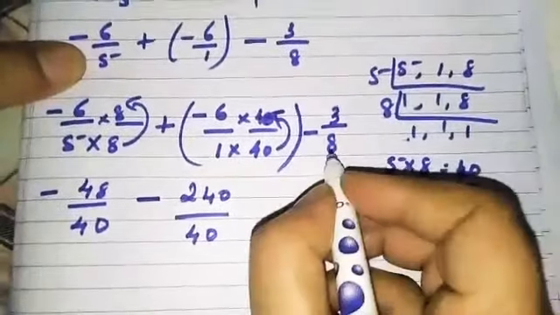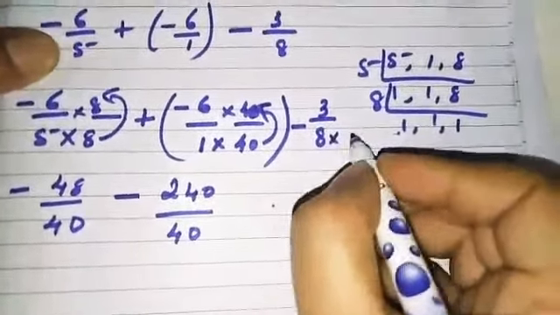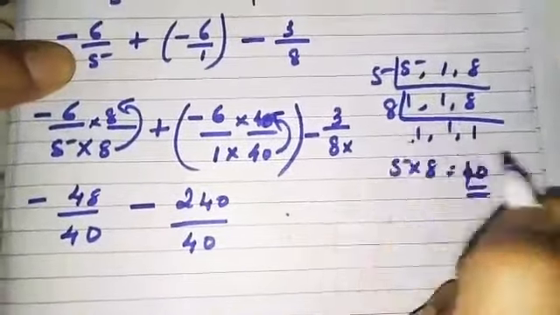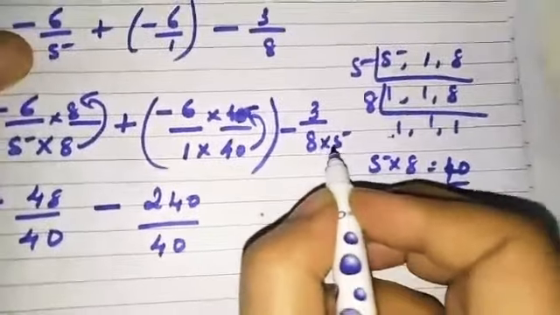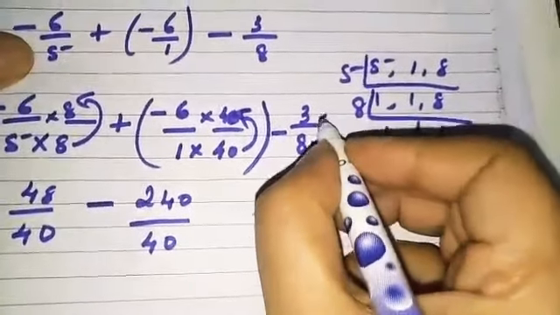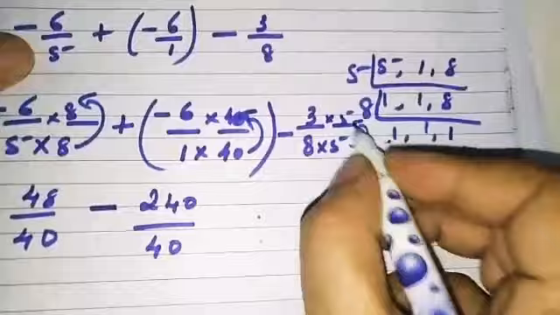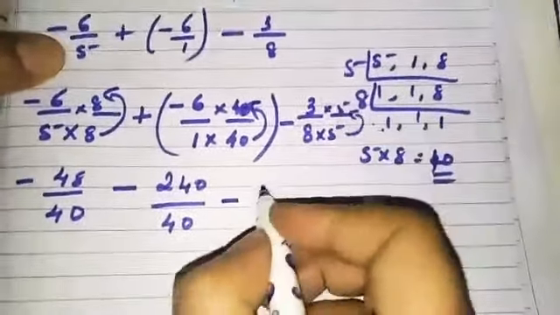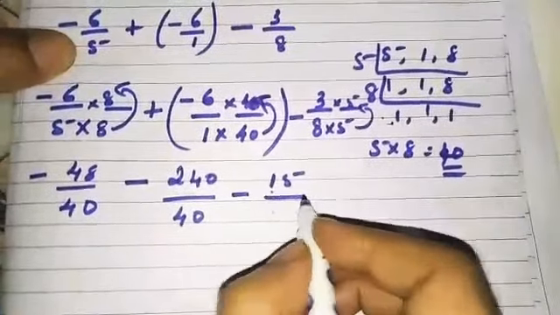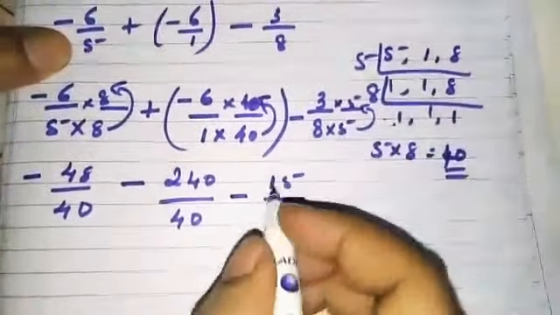So 40 divided by 8 gives me 5. So 40 divided by 8 gives me 5. So I've multiplied 5 with 8. This over here also. So it's minus 3 5s are 15 divided by 8 times 5 is 40.